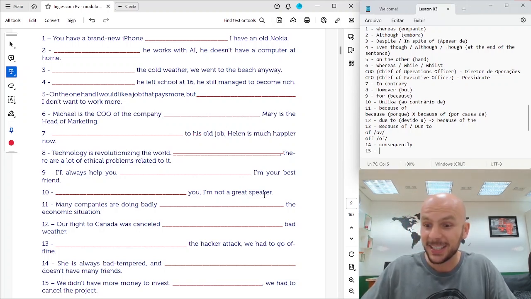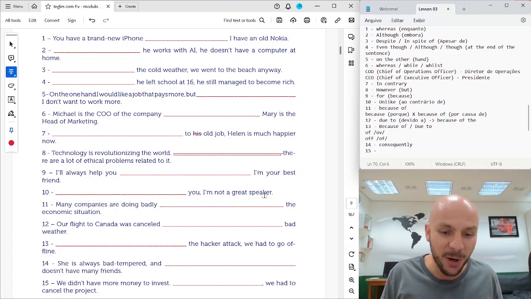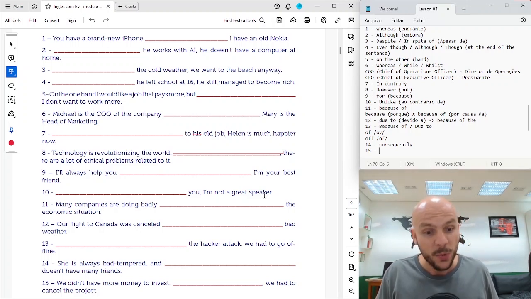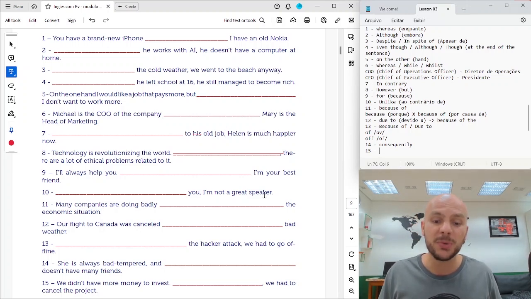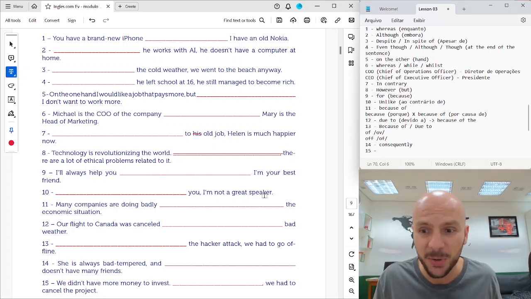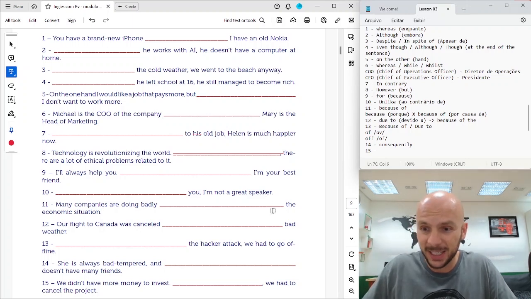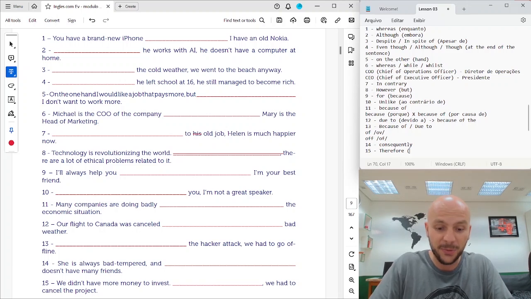And last but not least, 15. We didn't have more money to invest. We had to cancel the project. Portanto, we had to cancel the project. Portanto, in English, therefore.